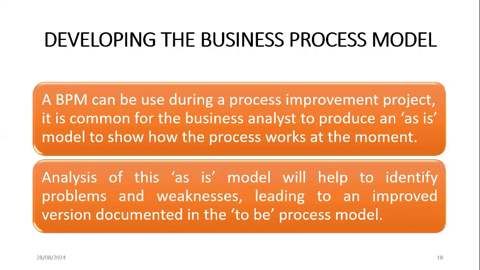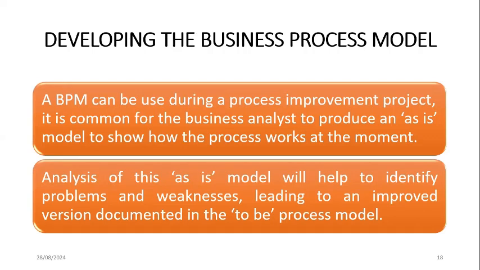So I think I'm rounding up now. A business process model can be used during a process improvement project. I'm sure you all know this already. It is common for yourself as a BA to produce an as-is in form of a diagram to show how the process works at the moment.